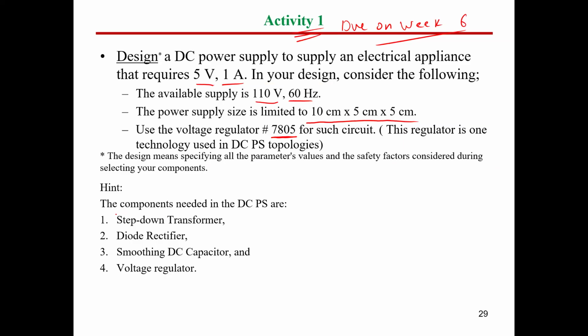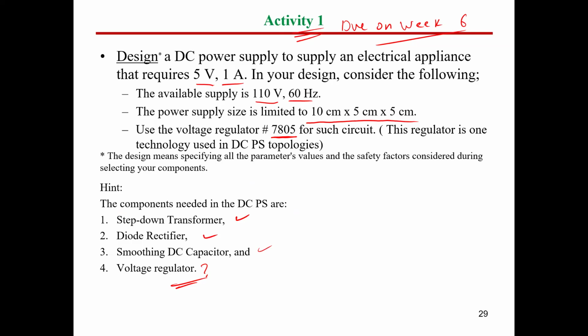There is a hint. The components needed in the DC power supply are step-down transformer, diode rectifier, smoothing DC capacitor, and voltage regulator. We already covered the first 3, but this one is not discussed yet, and we will start discussing this from the next class.